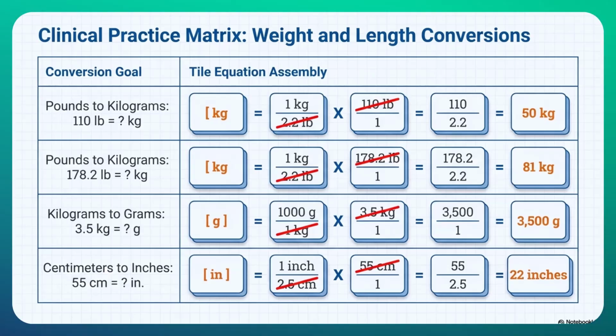So you multiply across your numerators all together, multiply across your denominators all together, get your final fraction. 110 divided by 2.2 is equal to 50. And then you say to yourself, 50 what? 50 kilograms, because that's what your question is asking you for.